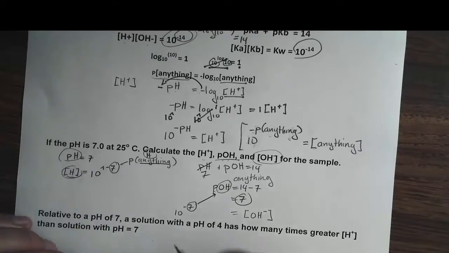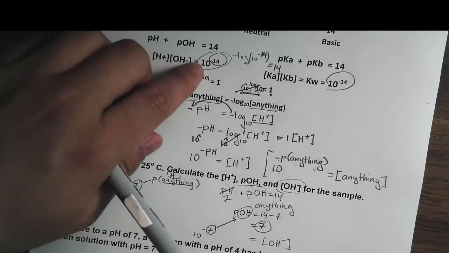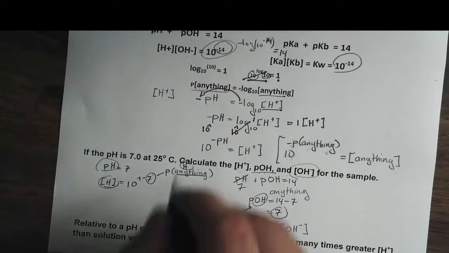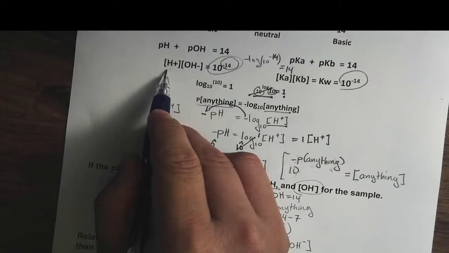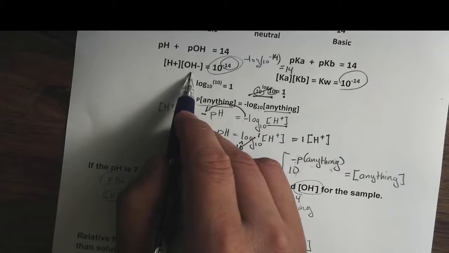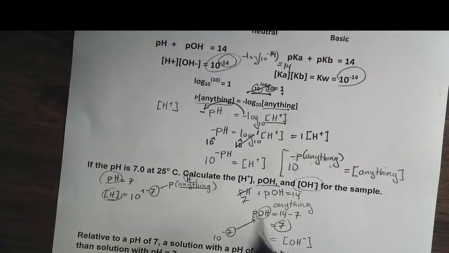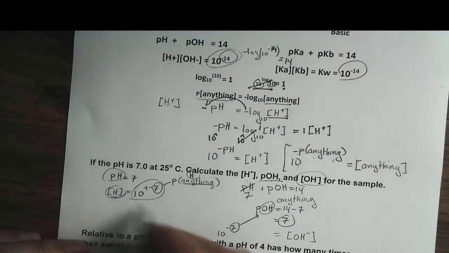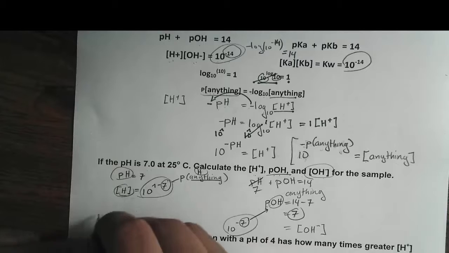So isn't that easy? And how can we prove that this really worked? We have to realize that this is the relationship right here. Let's look at it in terms of concentration. So if I were to look at this, concentration of H plus times the concentration of OH minus must be equal to 10 to the negative 14. Is that really happening here? Well, I have that right there, and I have that right there.